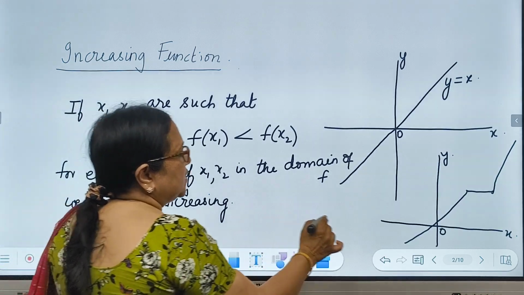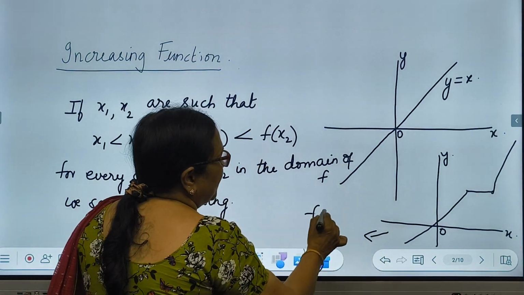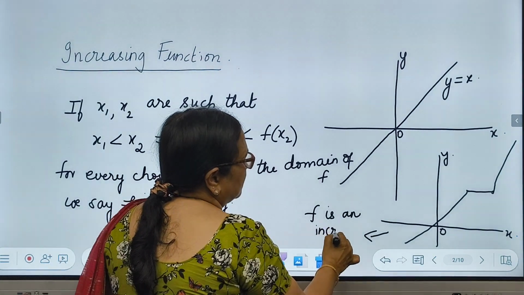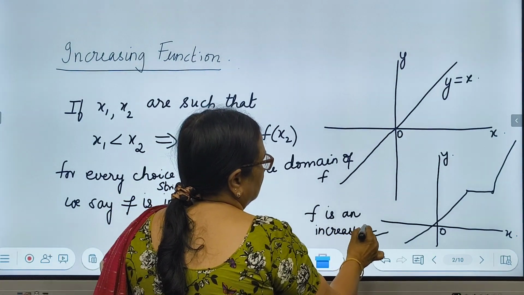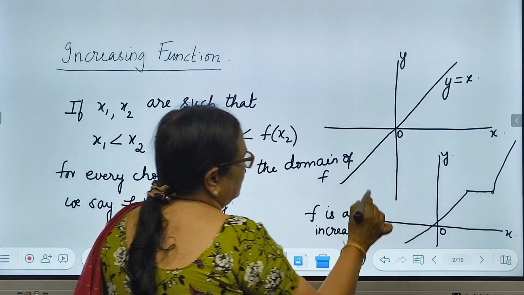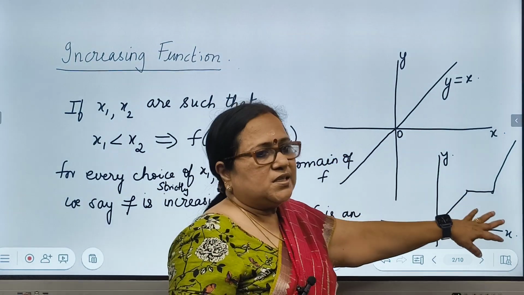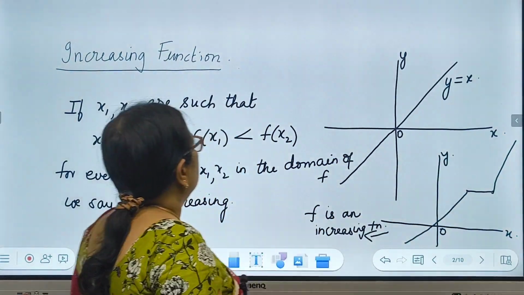In this case, we call f an increasing function. So this is strictly increasing, this is increasing.